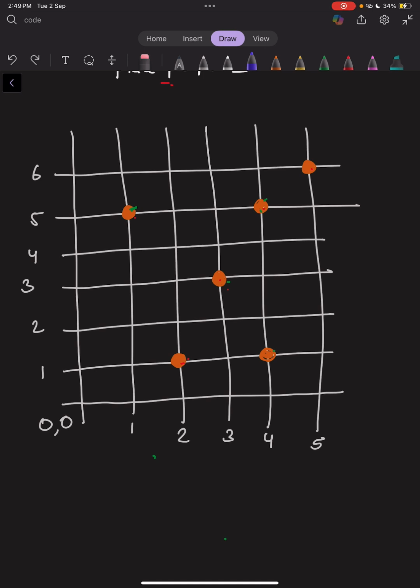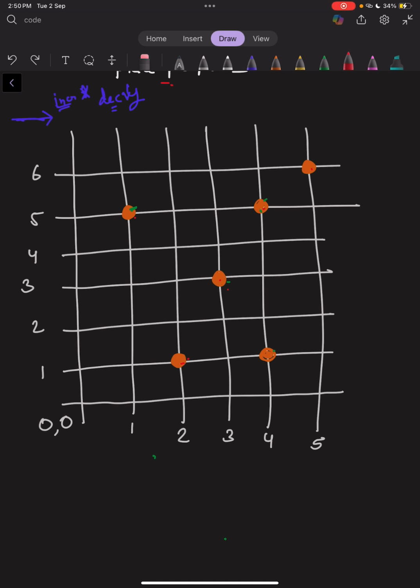We want to go into these points increasing by x, and decreasing by y. That means in this order, first we will visit this point, then this one, then this one, then this one, and then this one. There is a benefit of doing this, and we will think about what the benefit is.